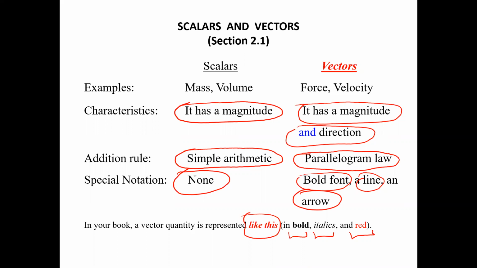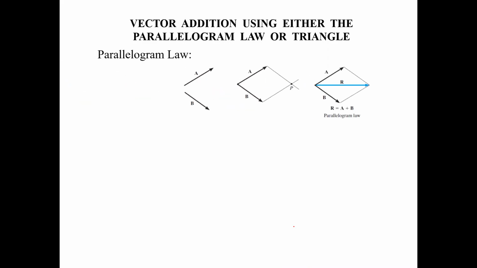We'll have the vector quantities in bold, red, and italic. Okay, so that was about scalars and vectors. I hope you got something out of this, and we know now what is a scalar and what is a vector and what is the difference between these two, right? Okay, now let's talk about vector addition using either the parallelogram law or triangle method. Okay, so let's talk about parallelogram law first.